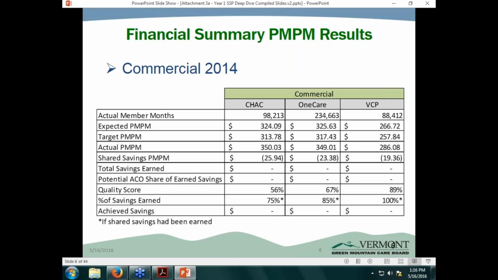So taking the experience of the providers, which is actually what a lot of ACOs have done, and now that we have experience, it's still tied to the premium and what the Green Mountain Care Board approves, but it's related to that actual ACO's experience. But that has not gone to the Green Mountain Care Board for final approval yet, so we don't have those final numbers. So we go to the next slide, please.